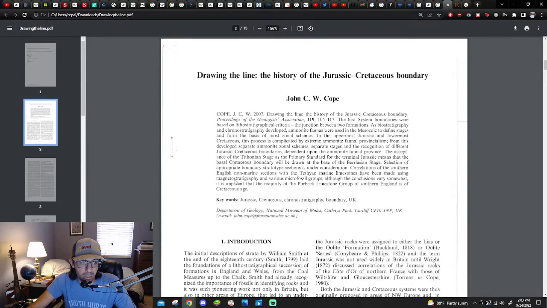Southern magnetostratigraphy and various microfossils. Although the conclusions vary somewhat, it is apparent that the majority of the Purbeck limestone group of southern England is of Cretaceous age.